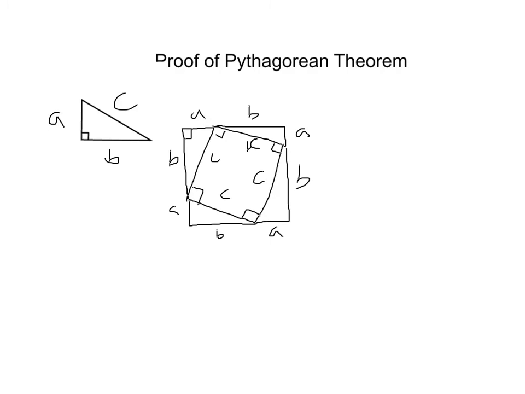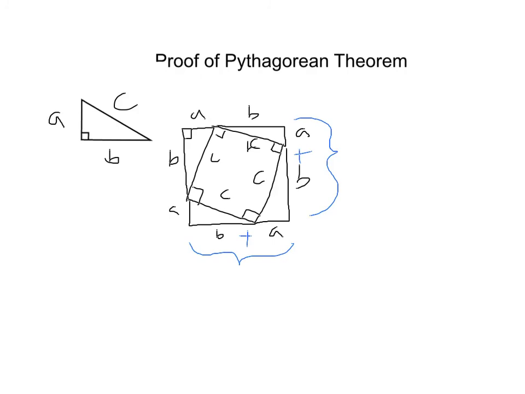So what we get is a large square with sides A plus B and A plus B. And then we get a large square on the inside, or a slightly smaller square, with side C.